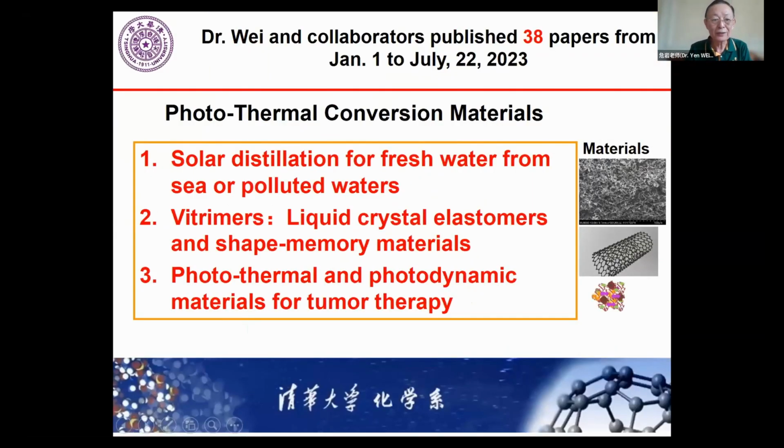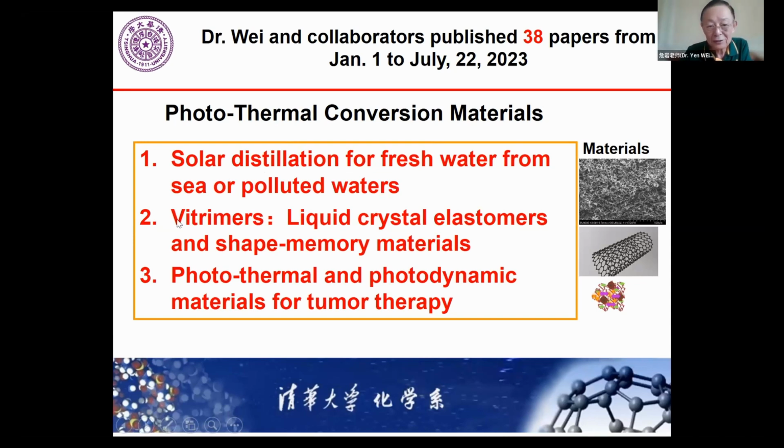Today we're going to talk about photothermal conversion materials in terms of three aspects. One is solar distillation or solar desalination, whatever you call it, for fresh water from seawater or polluted water.